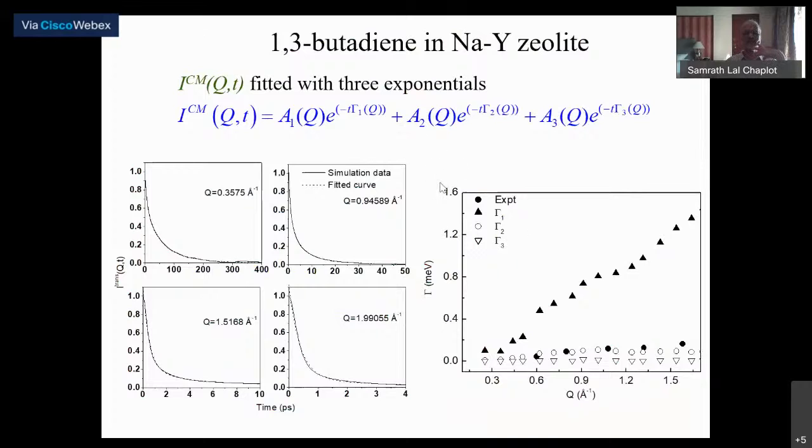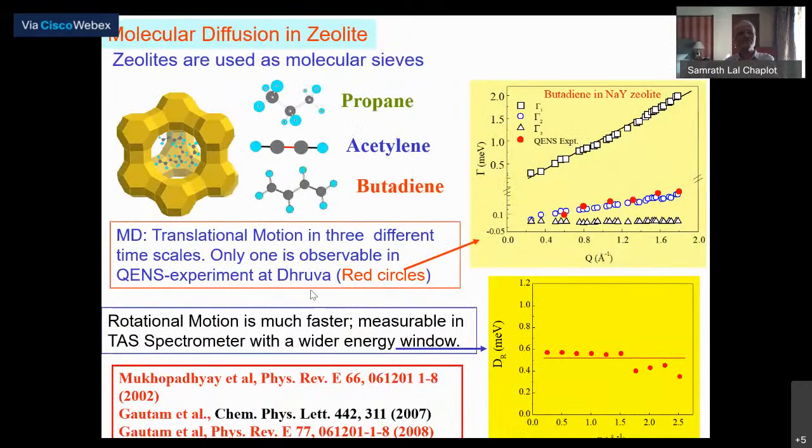I had already shown you earlier the dynamics of organic molecules in zeolite. So you have zeolite cages. These are large crystalline materials in which you have large cage-like structures, empty volumes, through which other smaller molecules can diffuse.